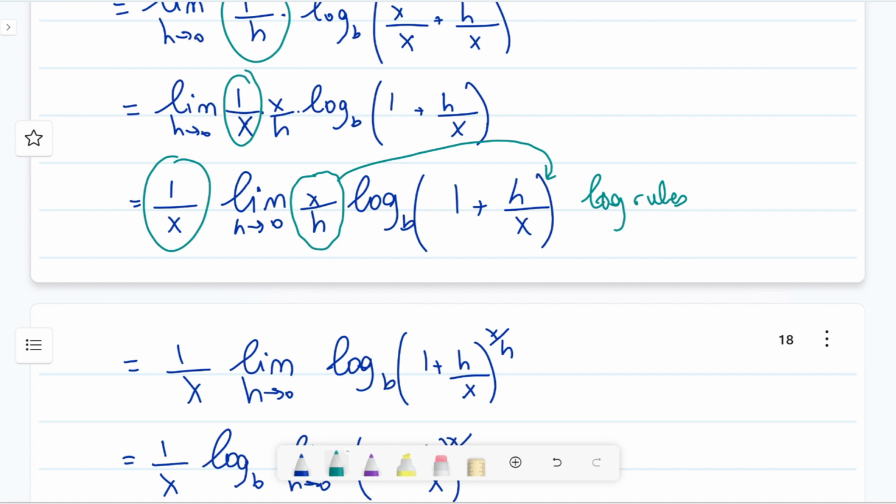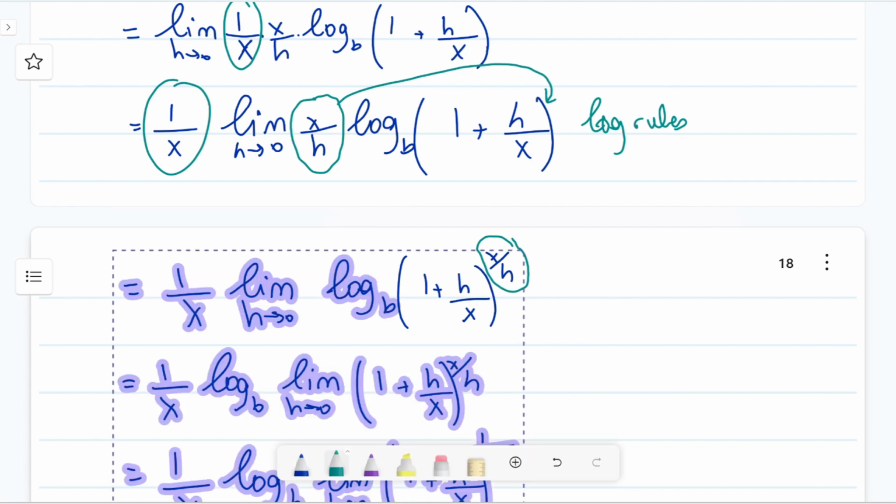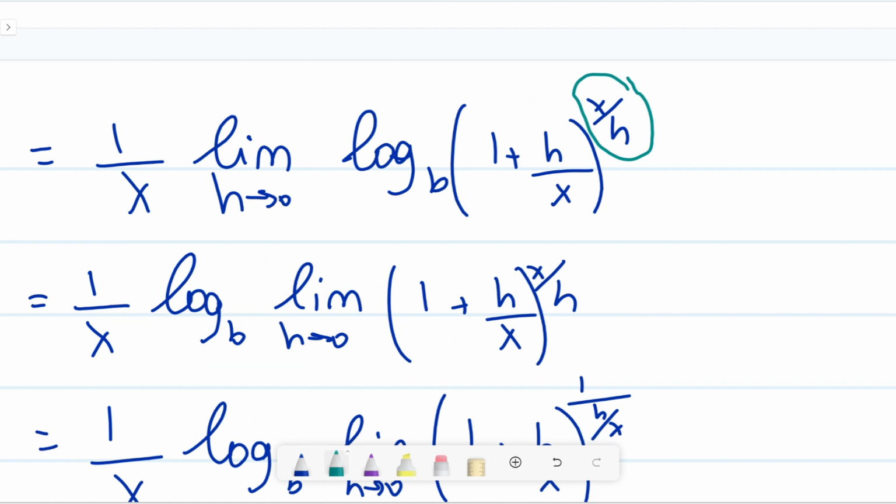So x divided by h becomes the exponent, and now we get log base b of 1 plus h divided by x all to the power of x divided by h. I will continue making some slight changes with this until we reach the final answer we want. So this becomes 1 divided by x.